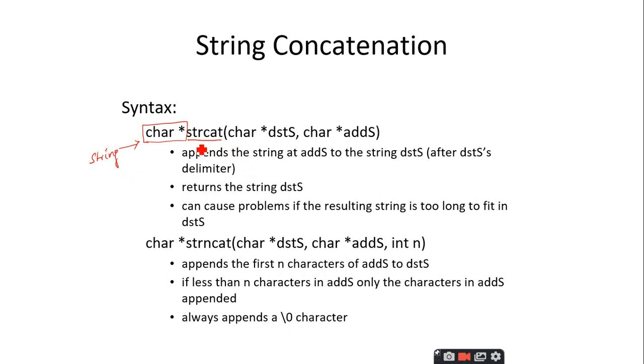Therefore the function is going to return a string, and the first parameter it accepts is again a string, which we can call the destination string, and the second parameter is again a string. So it accepts two strings as inputs and it returns a string as the output.